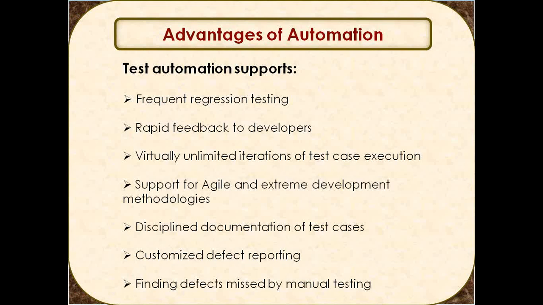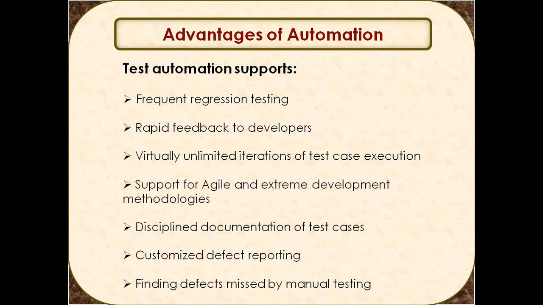Whenever they release a discount coupon, I need to verify all the regression test cases to make sure that the new functionality is not broken and existing functionality is working as expected. So whenever we have frequent regression testing, instead of spending time on manual testing, we can use automation tools.